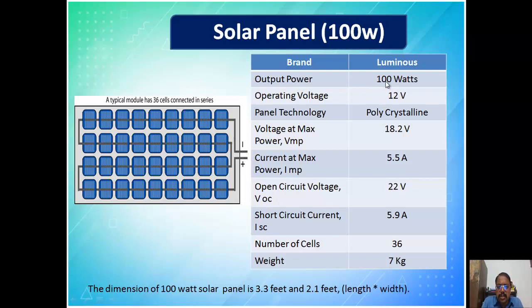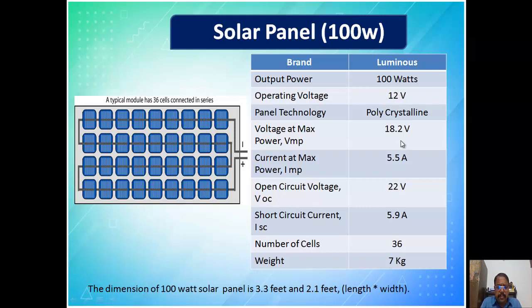Nowadays 100 watt, 150 watt, 200 watt, even 300 watt panels are available. Let us think of a 100 watt panel. For a 100 watt panel, you require an operating voltage of 12 volts. There is a difference between operating voltage and open circuit voltage.